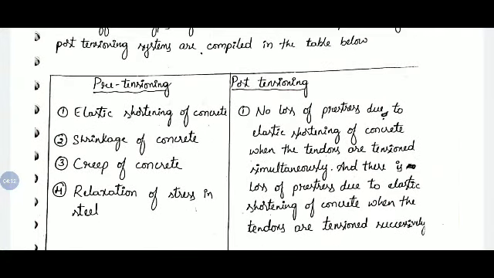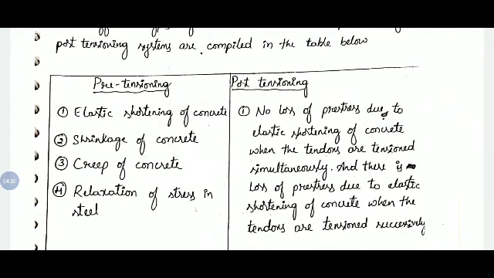First let us consider pre-tensioning. Pre-tensioning means before casting the concrete we are applying the stress. Now, loss due to elastic shortening of concrete. If we are applying the stress to the tendon and then we are going to cast the concrete, the amount of tensile stress developed in the tendons will be the same as the amount of compressive stress developed on the concrete by means of the tendon.